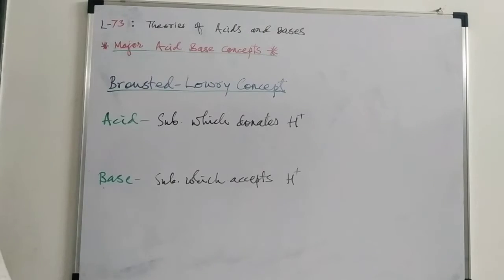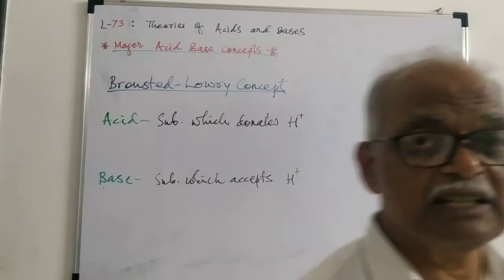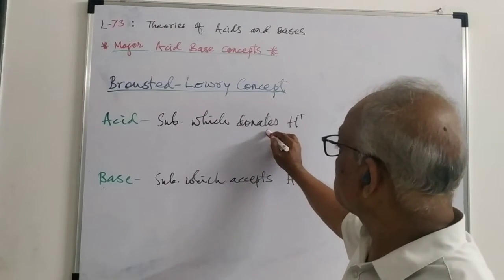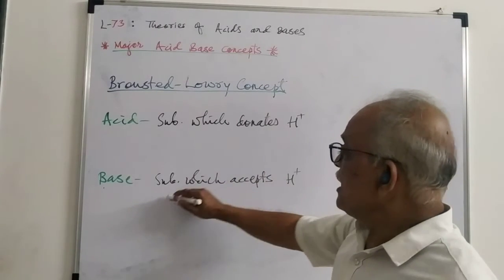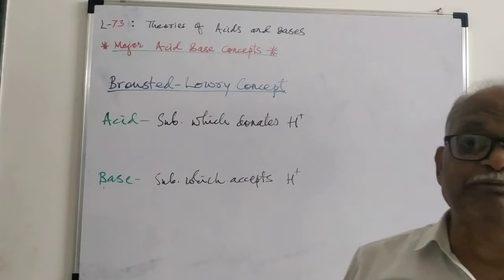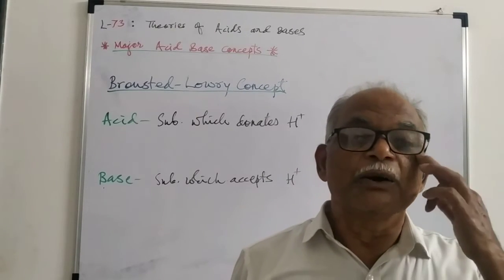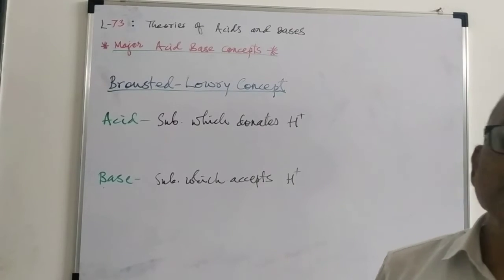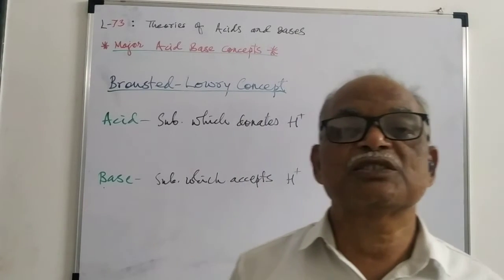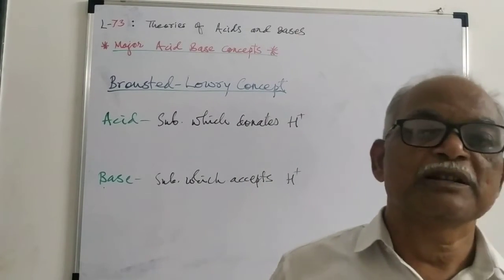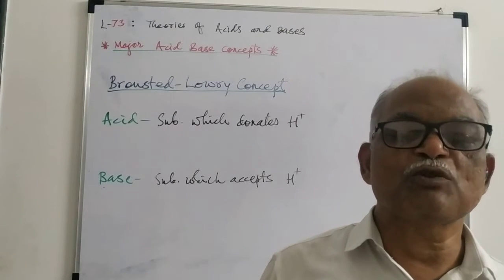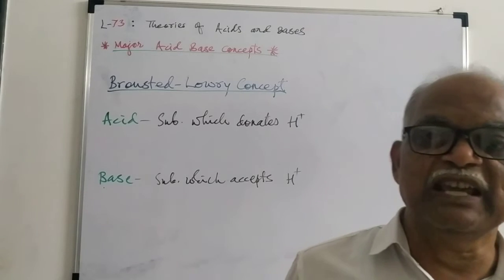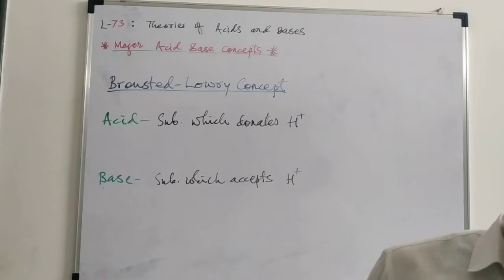So this is a very simple concept; in short, an acid is a proton donor and a base is a proton acceptor. According to this theory, it covers the substances which do not have H plus or OH minus ions, even though they are considered to be acids and bases.